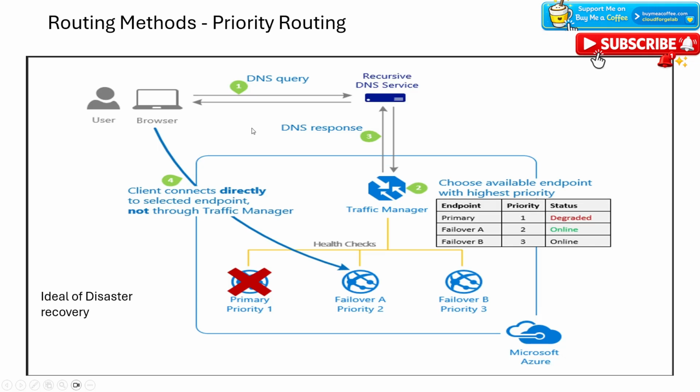For example, in this case, we have given the primary endpoint priority of 1, but now that's not online, it's degraded. So the traffic manager will return the IP of the failover A endpoint, and the client can connect to that failover A endpoint. This routing method is ideal for disaster recovery scenarios.